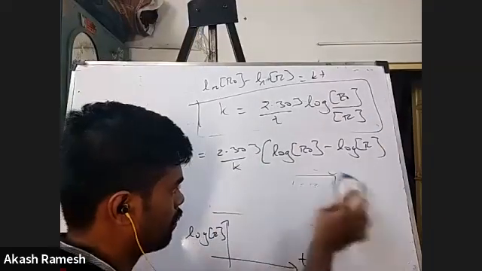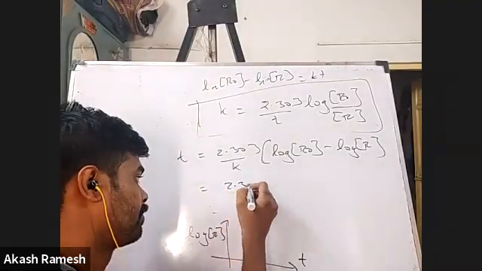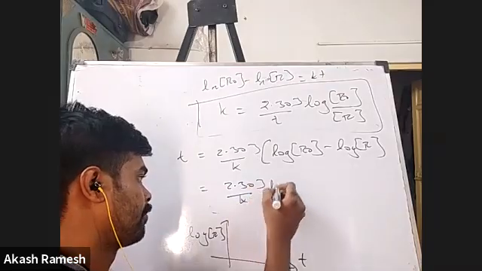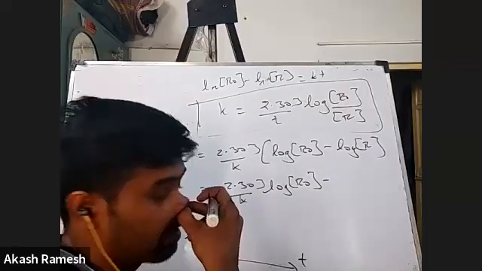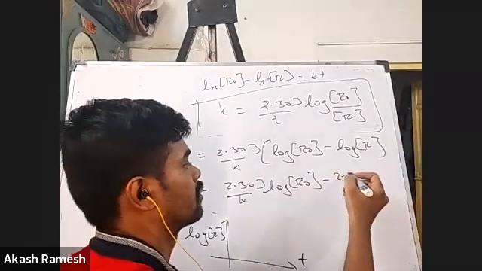Yes, it is a straight line. With an intercept. What is the intercept? The intercept is 2.303 log of r naught by k. Yeah, correct, that's the intercept. Good. Minus.